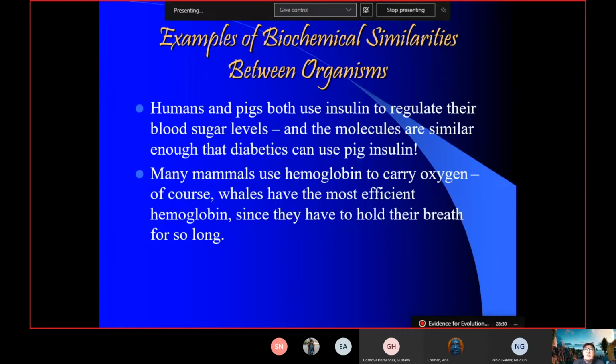So the whale is using the same molecule that we use, but it's been modified to become more efficient because they need it for their lifestyle. So it shows that we're related, we're both mammals, but it also shows that we've changed, because they need that efficient hemoglobin.